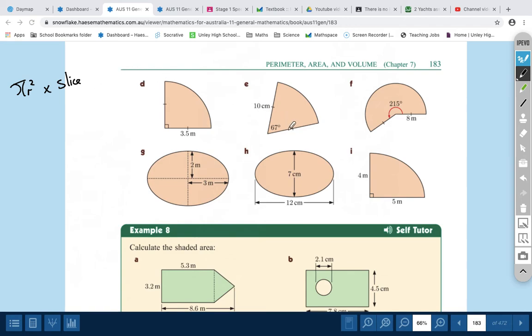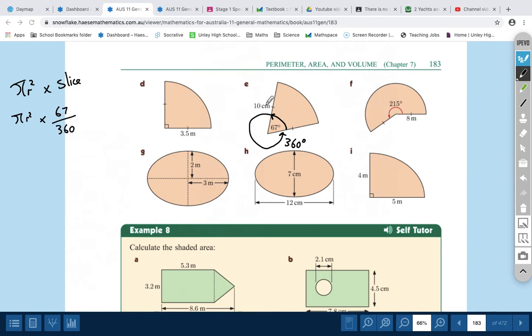All right. Now, if you've got 360 degrees all the way around, but you don't have that, you've only got 67. See, so this slice is 67 degrees, just up to here, out of 360 degrees. So we take our pi r squared, and then we times it by 67 out of 360.